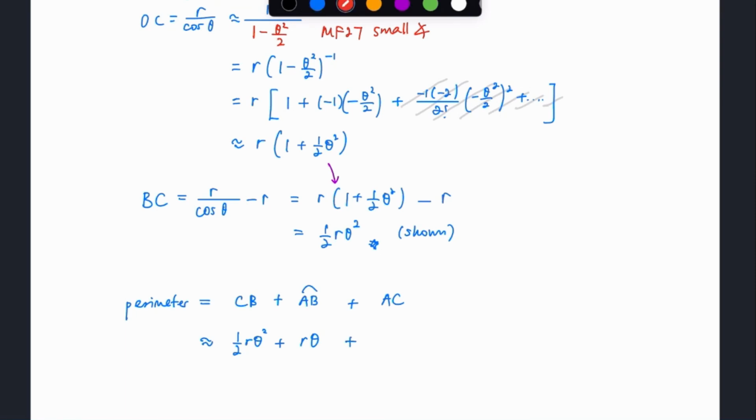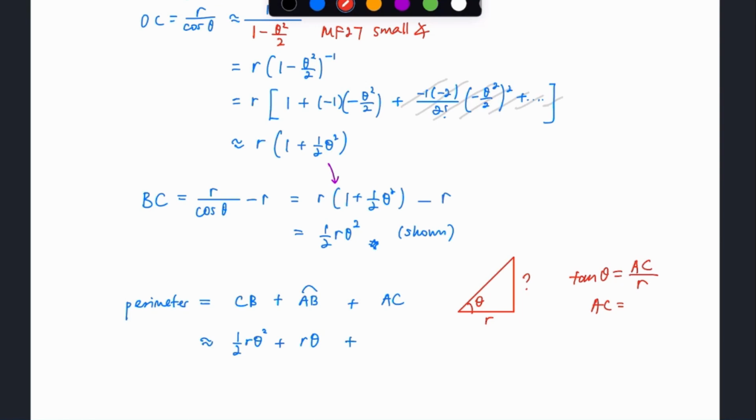AC over here, because we are dealing with a right angle triangle, we have the r over here. What is this length? Tangent theta is equal to AC opposite over adjacent. So AC would be, wow.